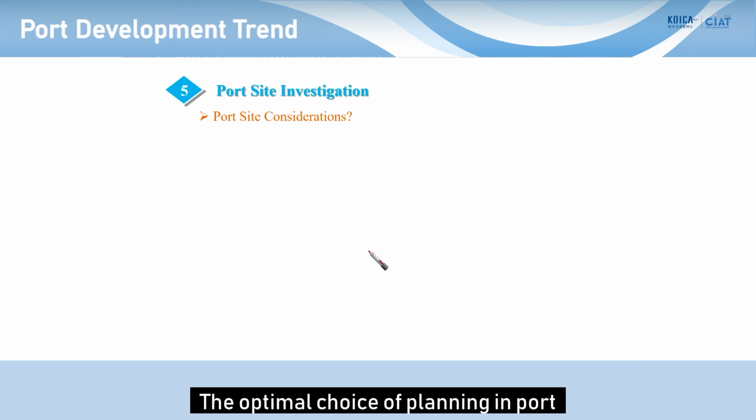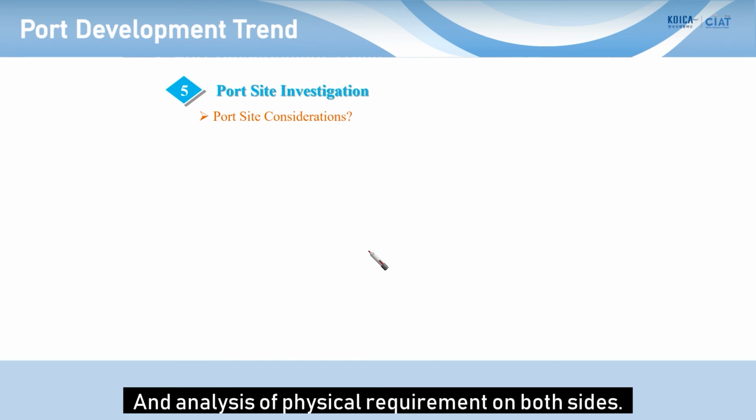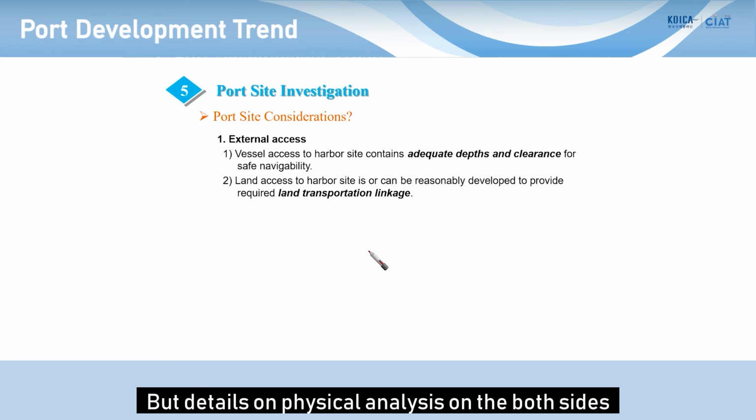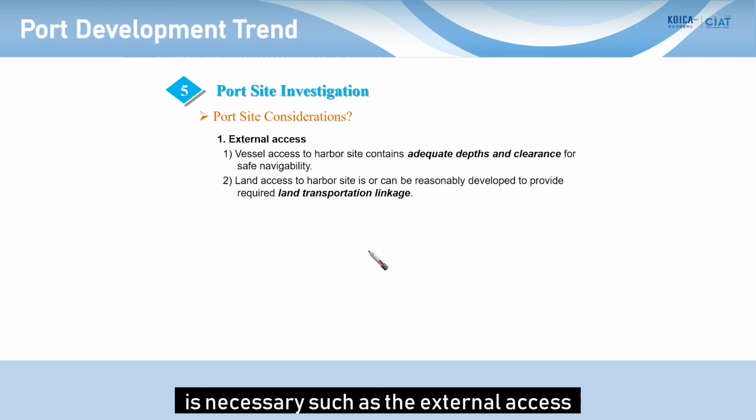The optimal choice of planning a port and selecting its site depends on a careful evaluation of the economic and financial analysis and a detailed analysis of the physical requirements of the port site. Here, I'm not going to take an economic and financial approach, but detail on the physical analysis of the port site is necessary, such as external access.